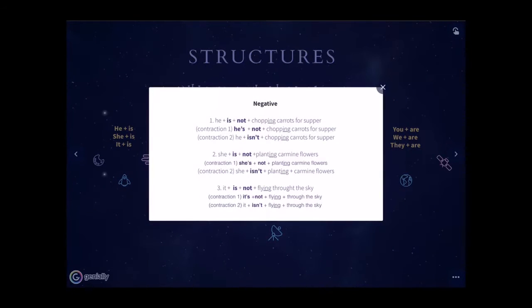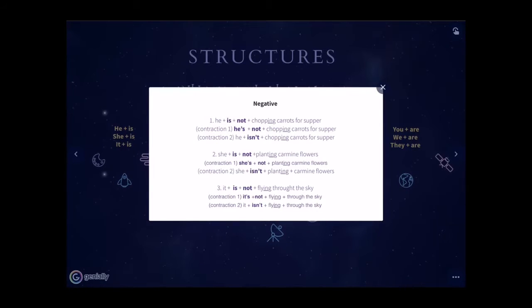We have the negative sentences. First we have the subject. It can be this time he, she, it. Then we put again the auxiliary verb, the verb be. Then we add the important word to make a negative sentence, not.